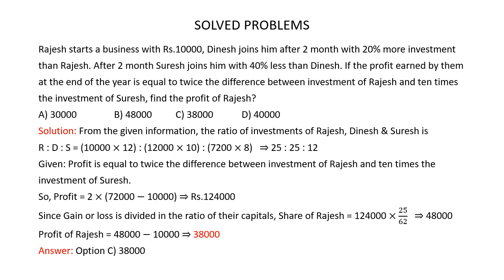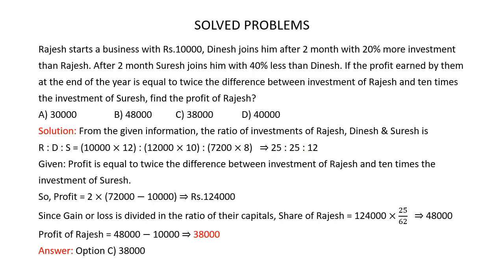Now we know that the gain or loss is divided in the ratio of the capitals. So this profit of 1,24,000 is divided among Rajesh, Dinesh and Suresh in the ratio of 25 is to 25 is to 12. Now the sum of the terms of this ratio is 25 plus 25 plus 12, which is 62.